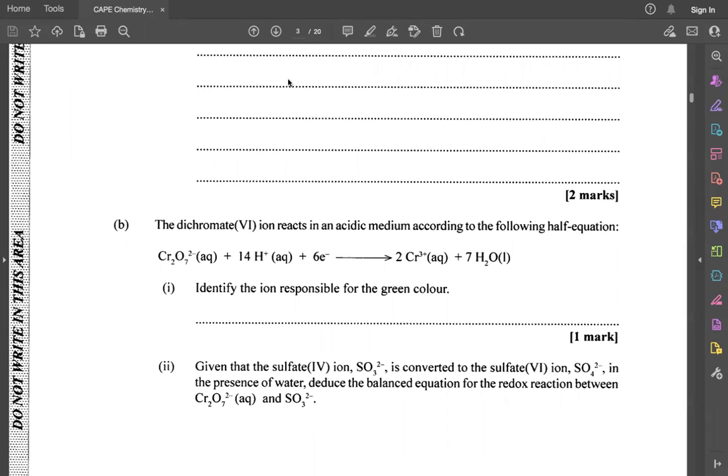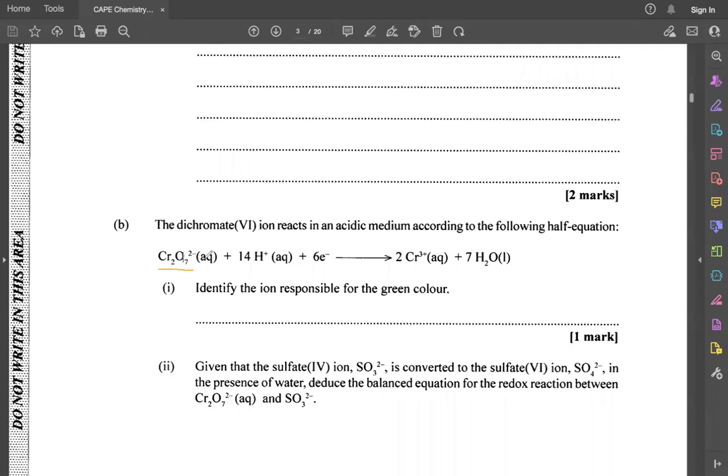Initially, our dichromate(VI) ion is generally orange. So let me just put that here, that this is the one that's usually orange.